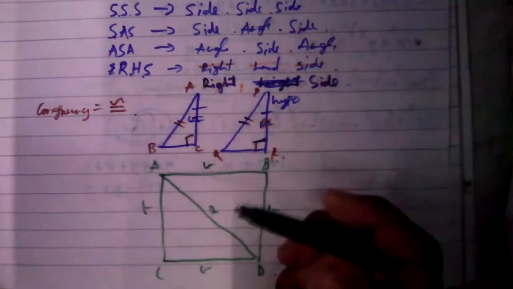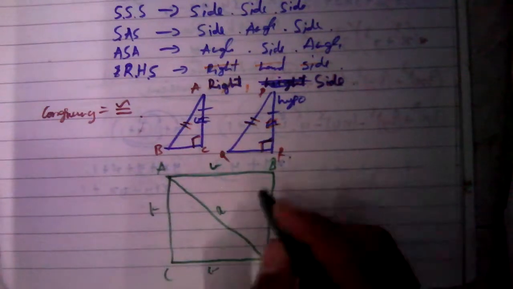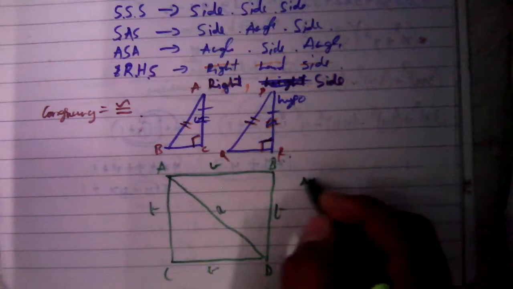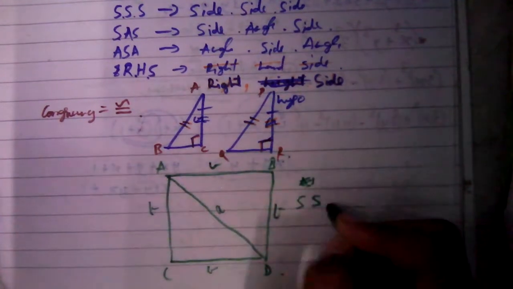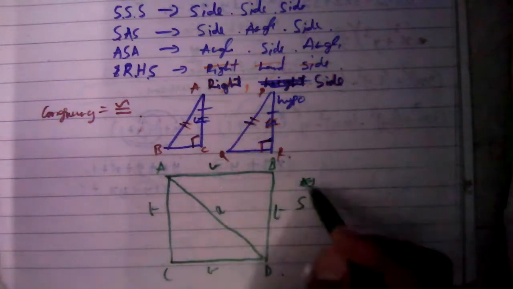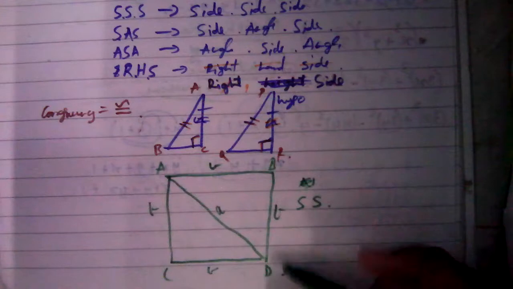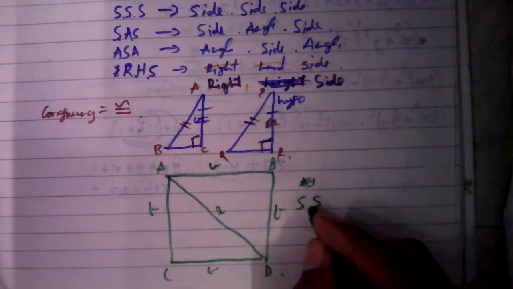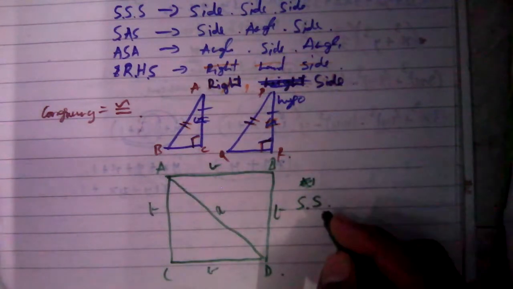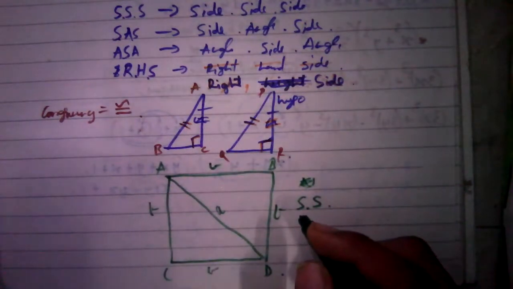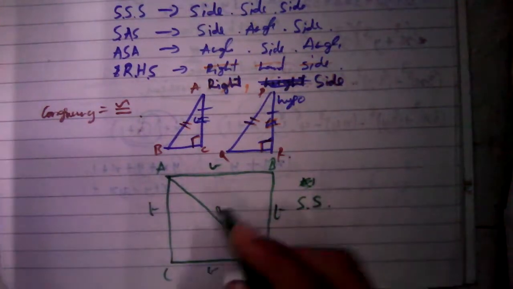So we are done with two S's, because AC is a side, AB is a side, and CD is a side, BD is a side, with equal lengths. So we are done with another S, and now we test with any other side or angle.